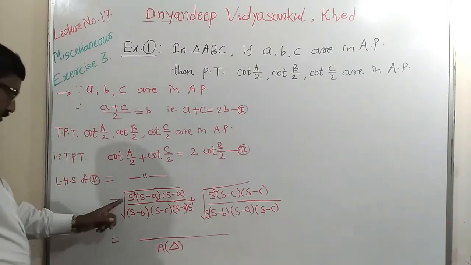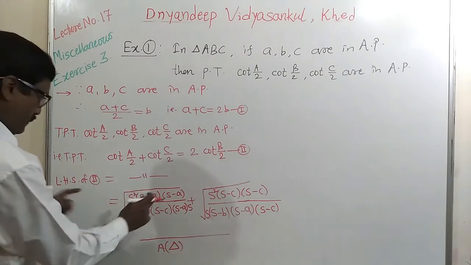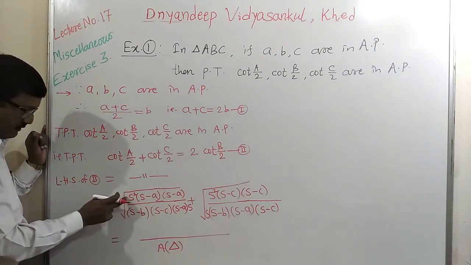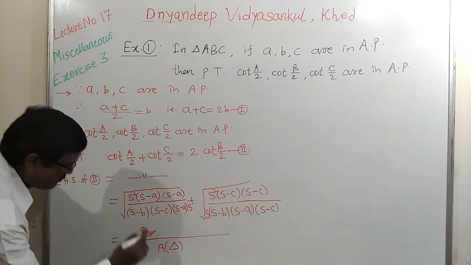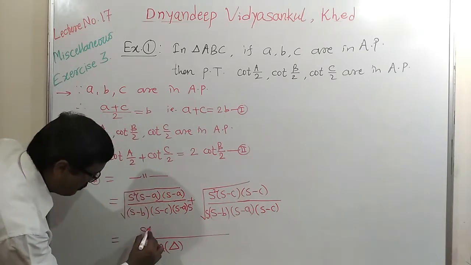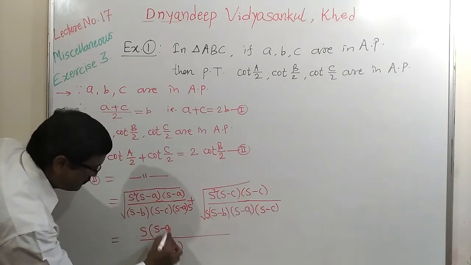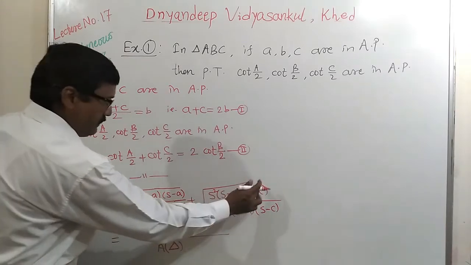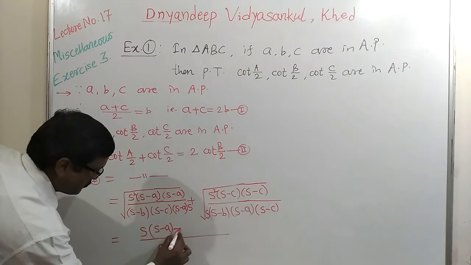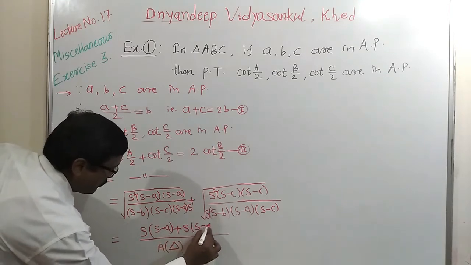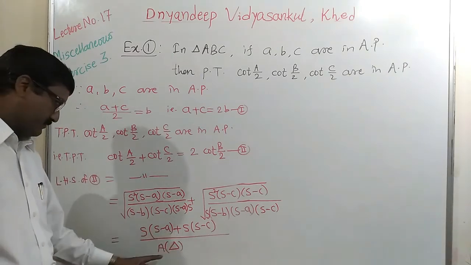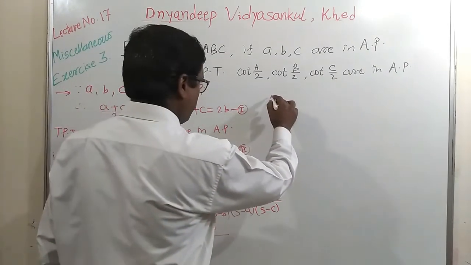At the numerator, here is S square under root, so out of this root remains S. Here S minus a is squared, its root gets cancelled, so S into S minus a. Second term similarly, S into S minus c. Is it okay? Now take S common, and area of triangle is the common denominator.